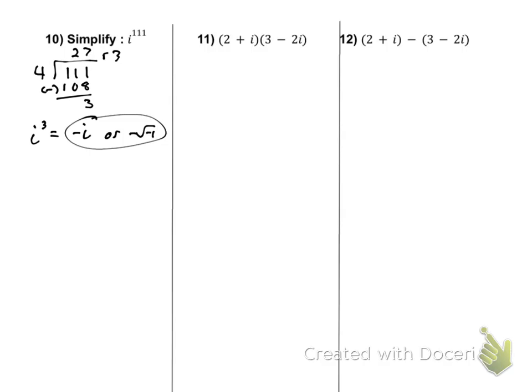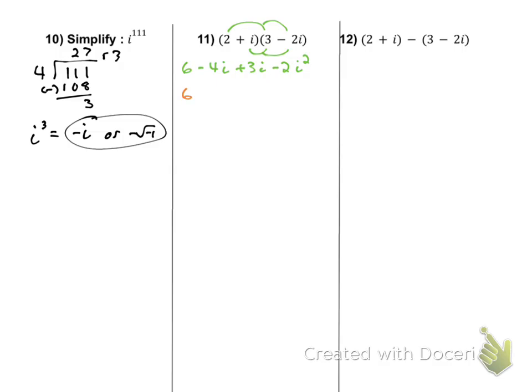11. A binomial times a binomial. They're being multiplied, so I need to FOIL. First, 6, outer, negative 4i, inner, plus 3i, last, minus 2i squared.